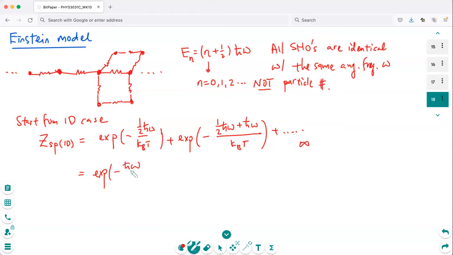So you pull it out. The first term is 1, and the second term you are left with is e to the minus h bar omega on kBT. And the next term you have is e to the minus 2 h bar omega divided by kBT, and so on.